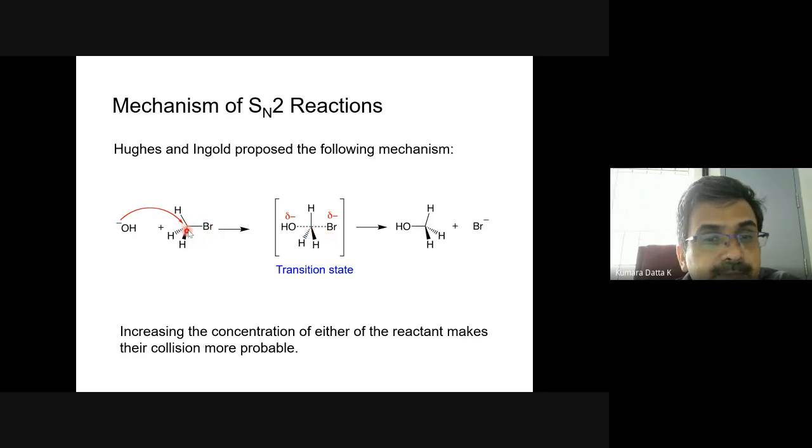This makes partial positive charge on this carbon, which favors the entry of the nucleophile, and then you get a pentavalent carbon, a transition state.